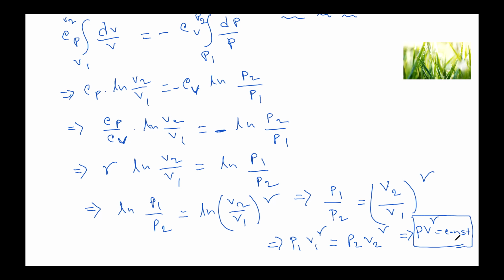So I have derived the relation between T and V and also between P and V. Next, in my next video, I'll derive the relation between T and P in case of a reversible adiabatic process of an ideal gas. I'll continue my discussion on thermodynamics and derive more mathematical formulas.